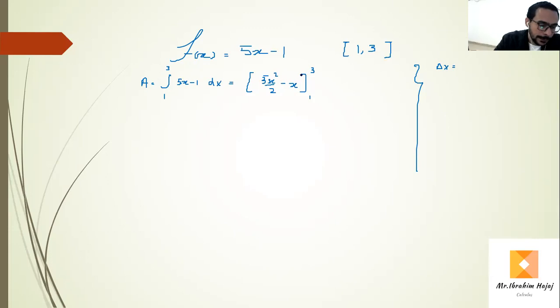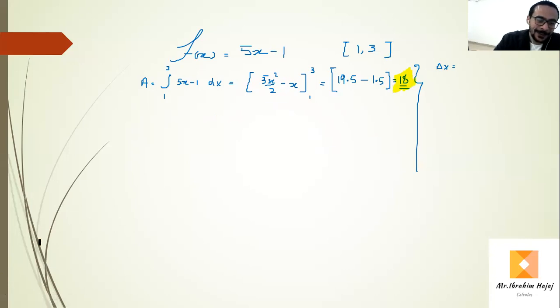Then calculate it. 5 over 2 x squared: the first number will be 19.5, divided by 2. The second number will be 1.5. So 19.5 minus 1.5 equals 18. Remember this answer, because we will come back to it.